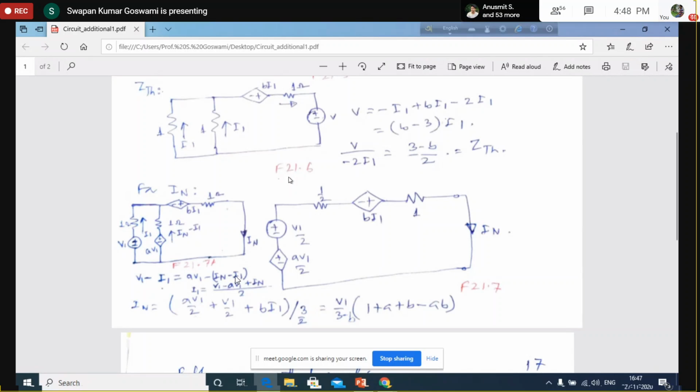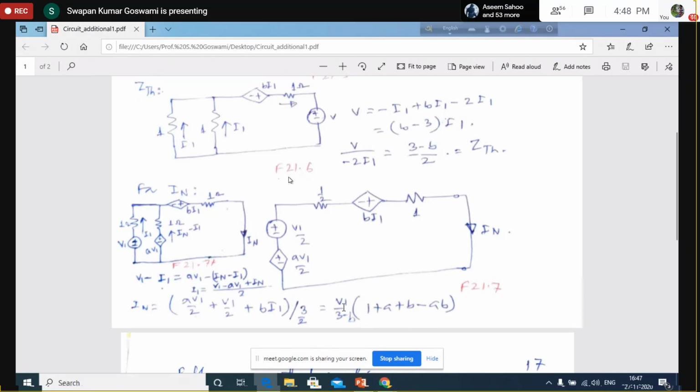They are equal. From this equation, you can find out the value of I1 in terms of IN. Then again, by putting the value of IN here, you can now manipulate to find out the value of IN equal to V1 by 3 minus B, 1 plus A plus B minus AP.